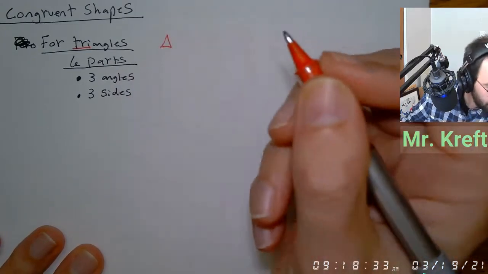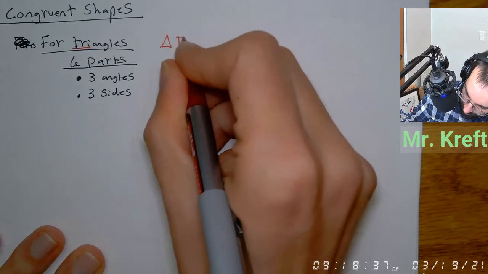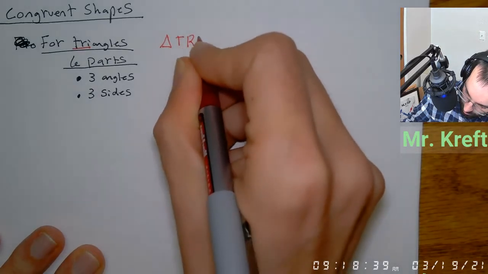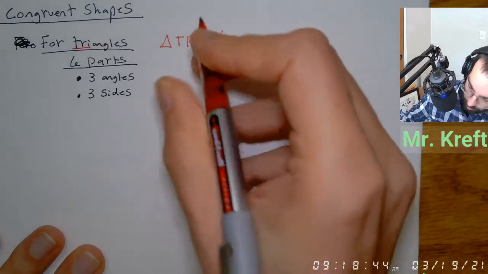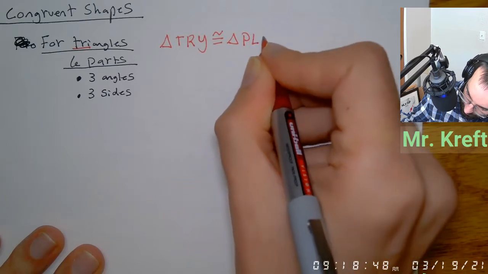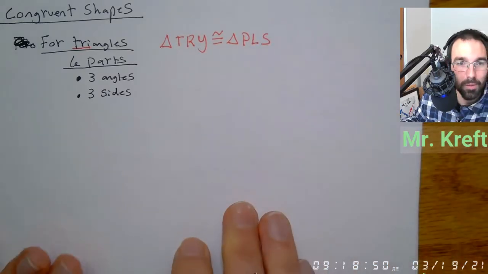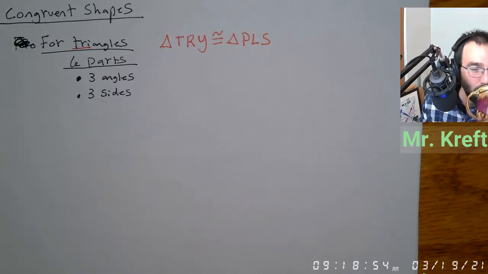So if I were to have a congruency statement, so if I had triangle TRY is congruent to triangle PLS.